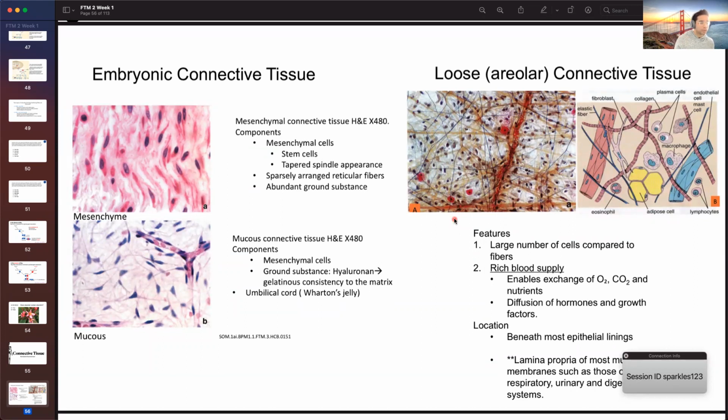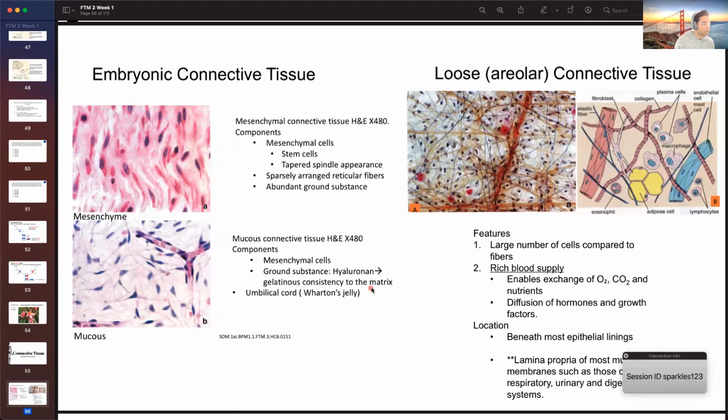I don't want to bore you guys with too many things, but you can read this on your own time. What I will say is you do need to know the mesenchymal cells and the ground substance that they make, hyaluronan, the gelatinous consistency of the matrix.